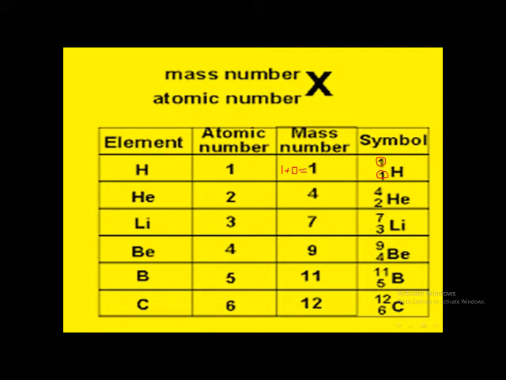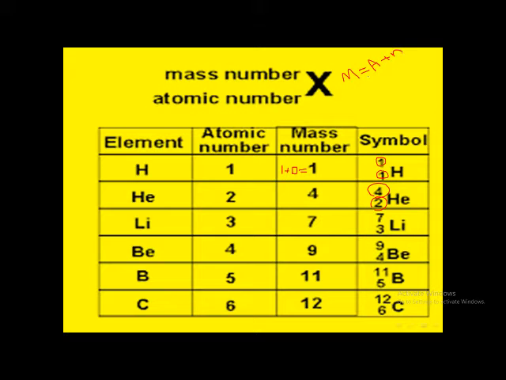So what about helium? The smallest number is the atomic number and the largest number is the mass number. So if I want to find the number of neutrons, we say that the mass number is the atomic number plus the number of neutrons.